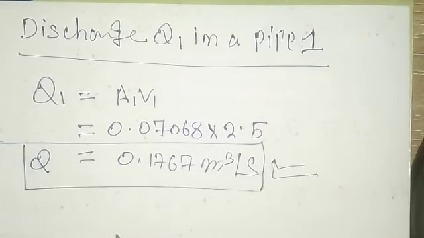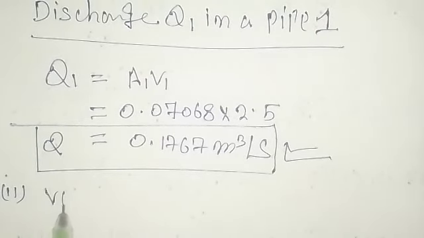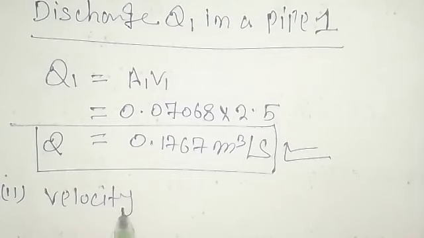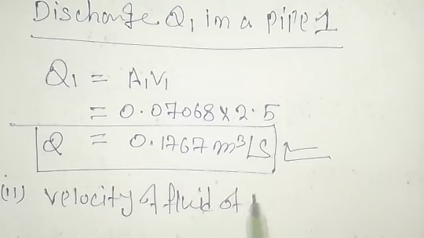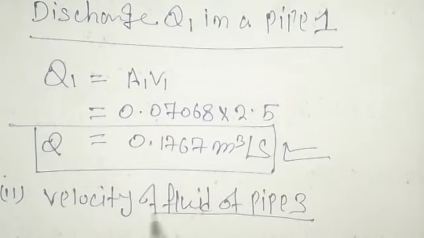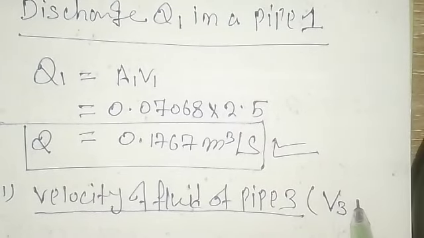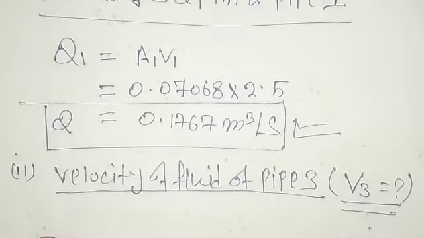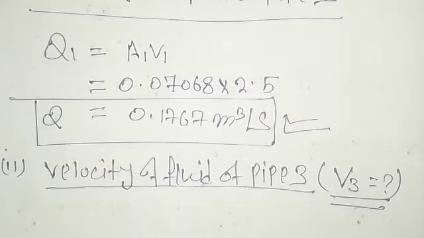Now second, we have to find out the value of v3, the velocity of fluid flowing in pipe 3. For that we should know the discharge. We can use the discharge formula only, that q is equal to a3 v3.